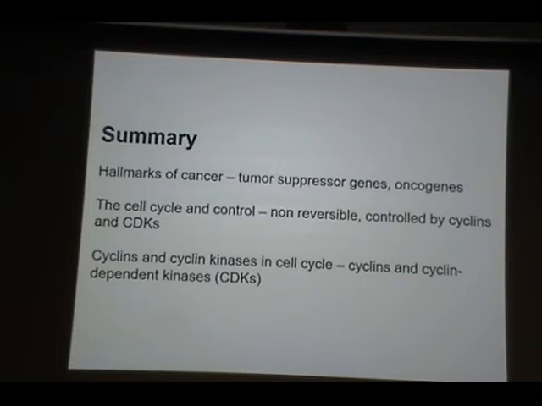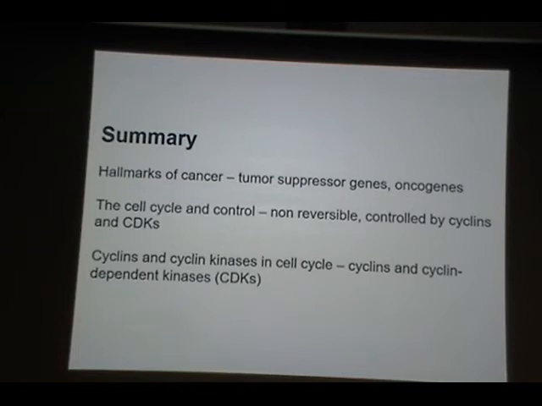And also, I mentioned about cell cycle and cell cycle control. And the cell cycle is non-reversible. It's controlled by cyclins and cyclin-dependent kinases. Cyclin-dependent kinases have enzyme activity. However, cyclins don't have enzyme activity.